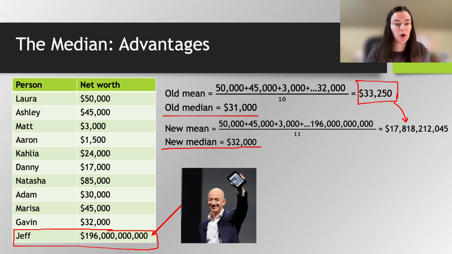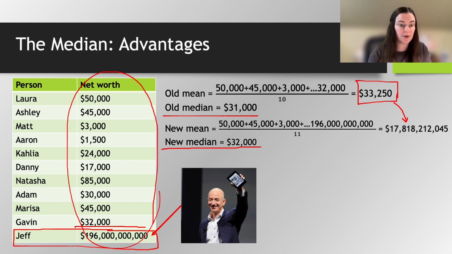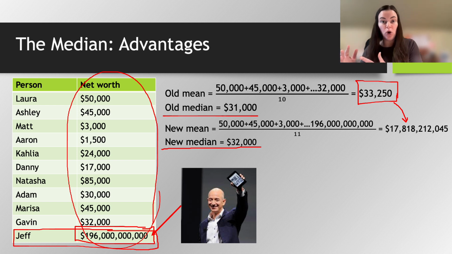In this case, if I were to order all of these net worths from highest to lowest, Jeff's would be at the very, very top. But remember, I'm only concerned with what that middle value is, so it doesn't skew and pull all of the averages up, how it does in the mean, because the middle point's going to remain relatively similar. So this is an example of where the median would be a lot more accurate of our overall group in comparison to the mean.